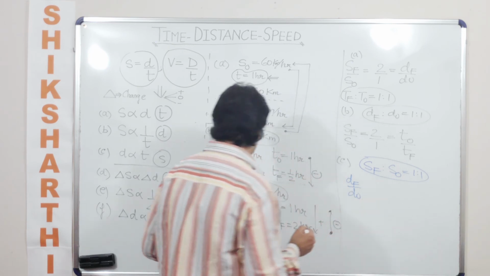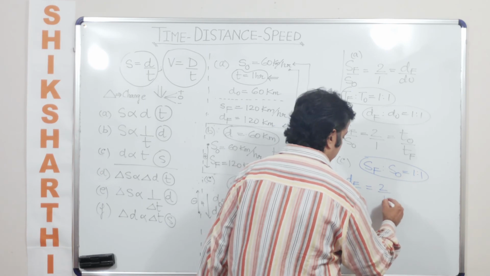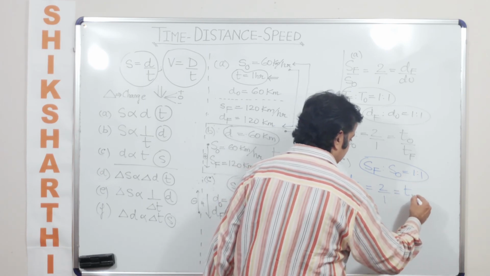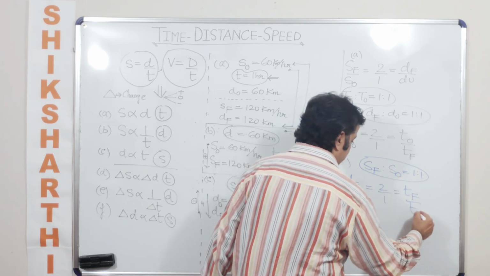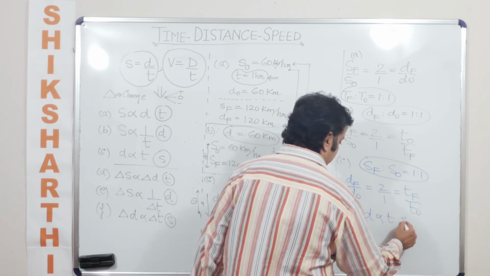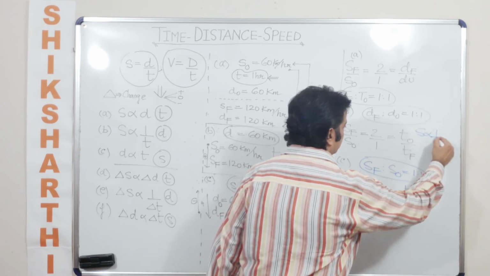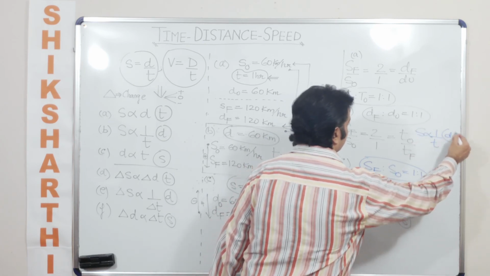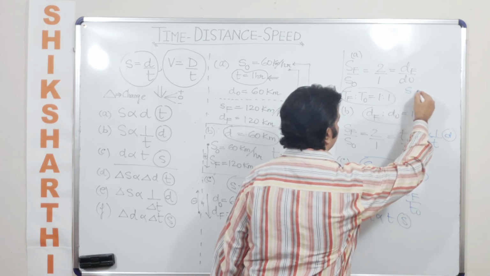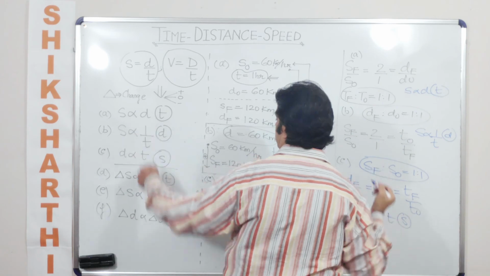So in this case, final is, now 2:1 is what we are talking about, and same would be the ratio for the time also to be taken finally and originally, because distance is directly proportional to time, keeping speed constant. Here you will say that speed is inversely proportional to time, keeping distance constant, and here you would say that speed is directly proportional to distance, keeping time constant is what we have talked about.